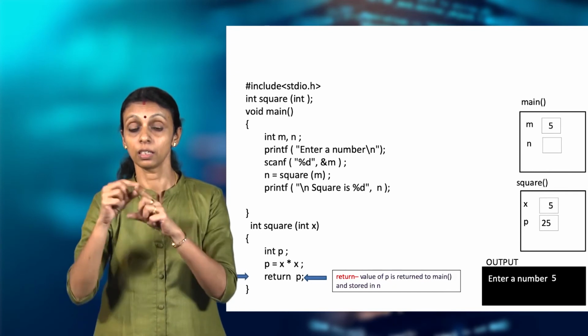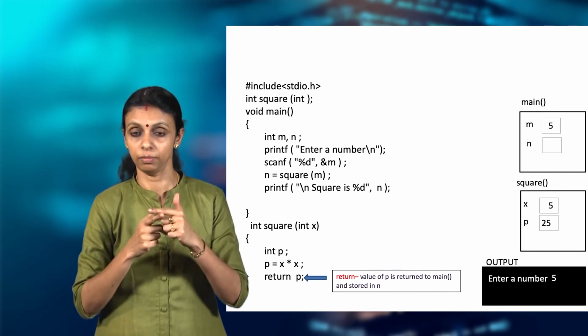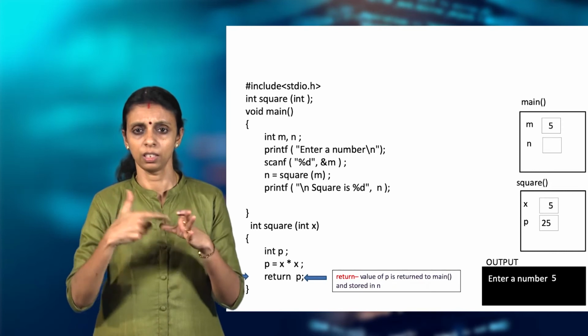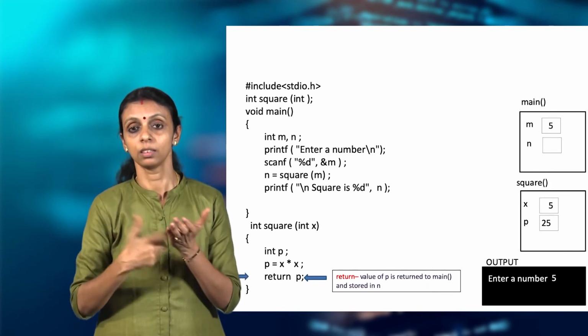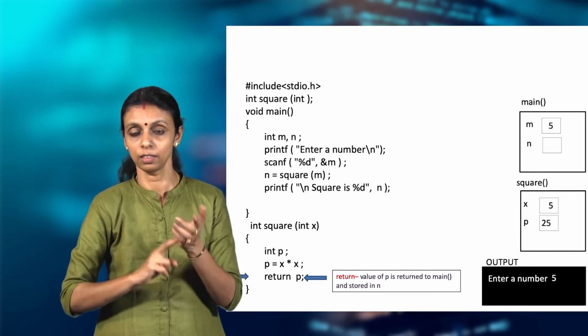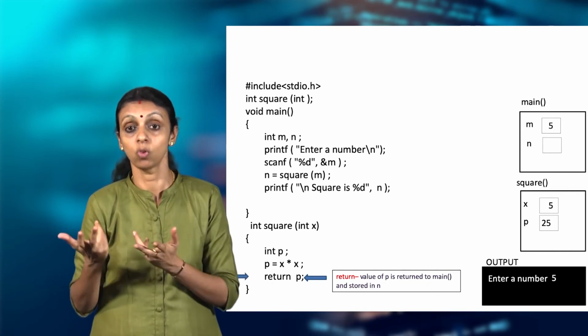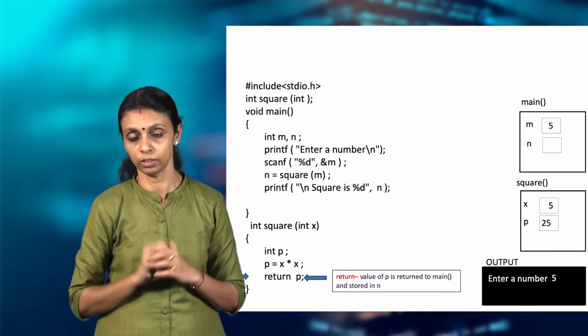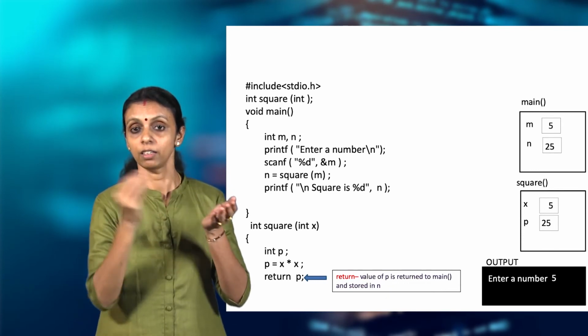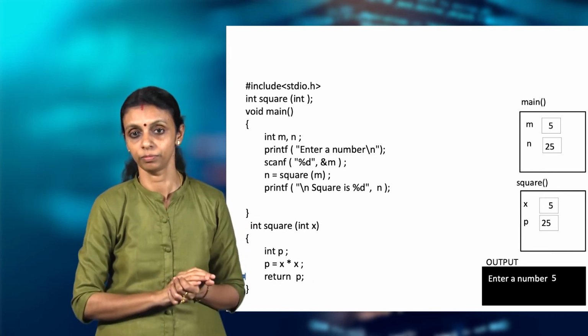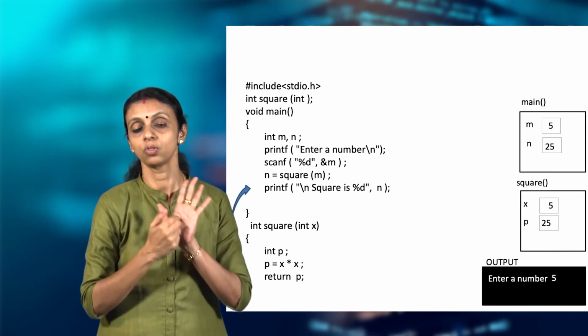If there is no return value, the return type is void. Now, the program control goes back to main. The returned value of p gets stored in n. The value is displayed as output.